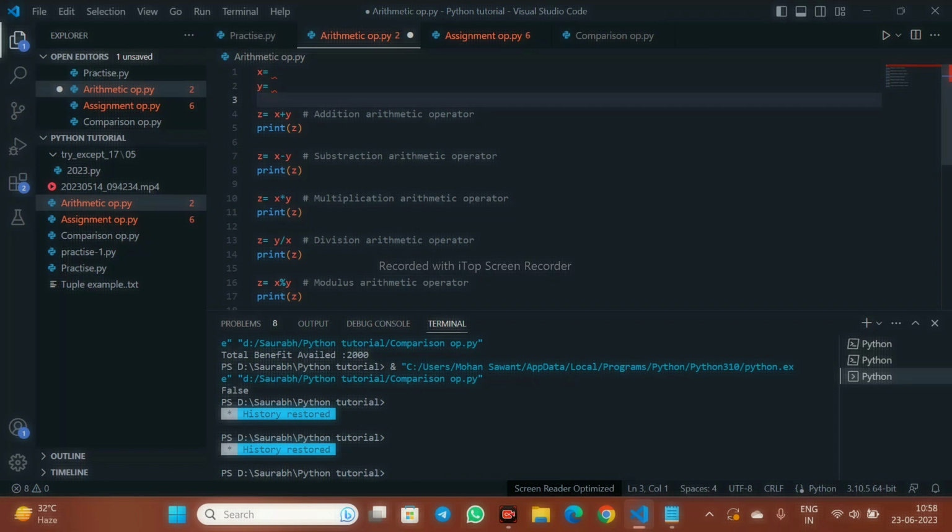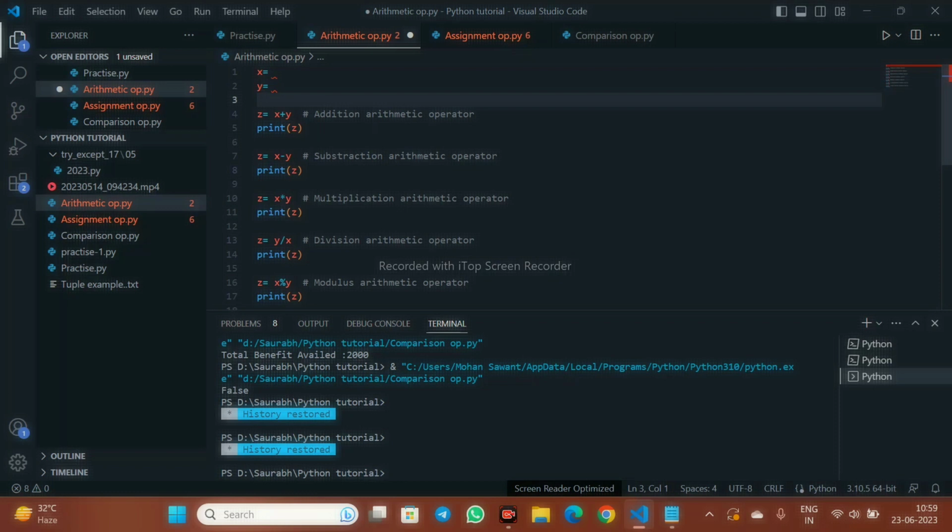So our first operator is arithmetic operator. These operators are used with numerical values to perform common mathematical operations such as addition, subtraction, multiplication, division, modulus, exponentiation, and floor division.